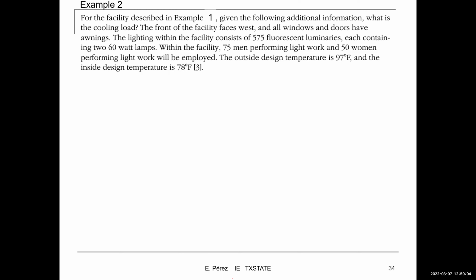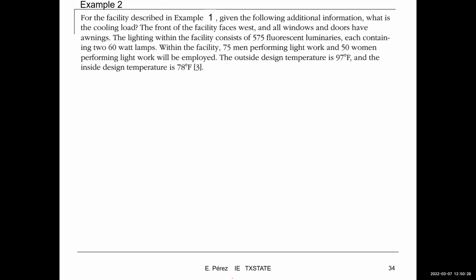Okay, so let's look at the components for the facility, and we're going to be using the same U factors because it's the same facility. So those are not changing.